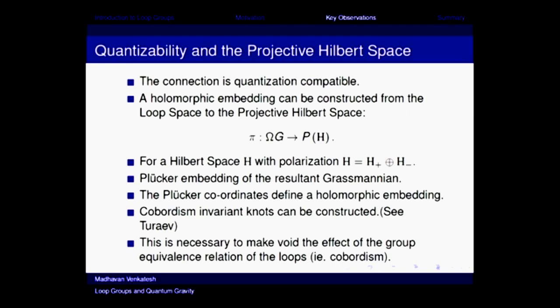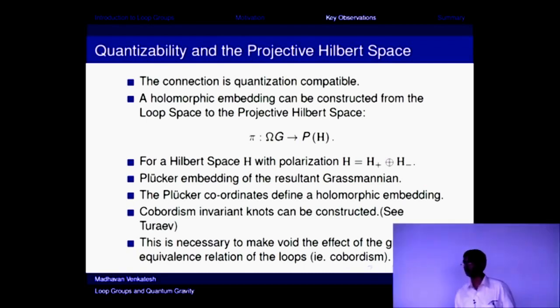So now we may end up with an overcomplete basis as before, but the equivalence relation on this is, you don't really have any group identities that would lead to overcompleteness. You've gotten rid of those, but you have cobordism as an equivalence relation. So you want to sidestep that as well.